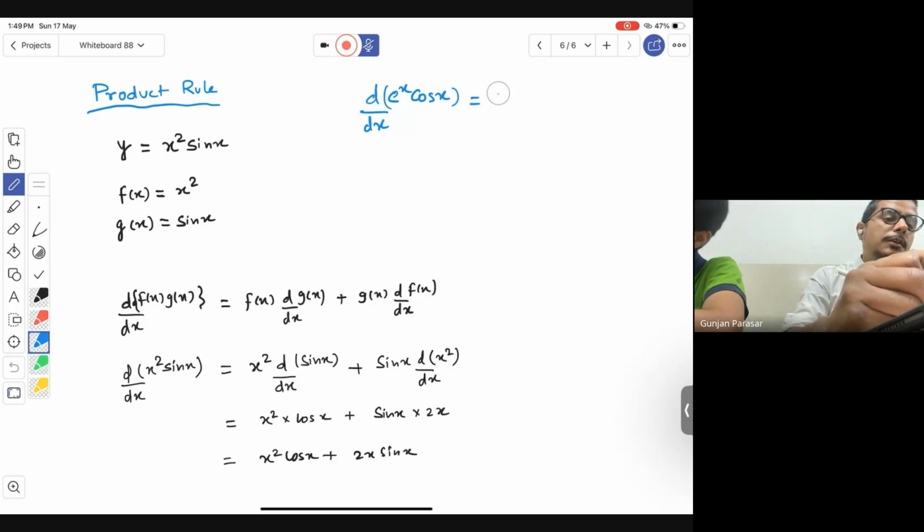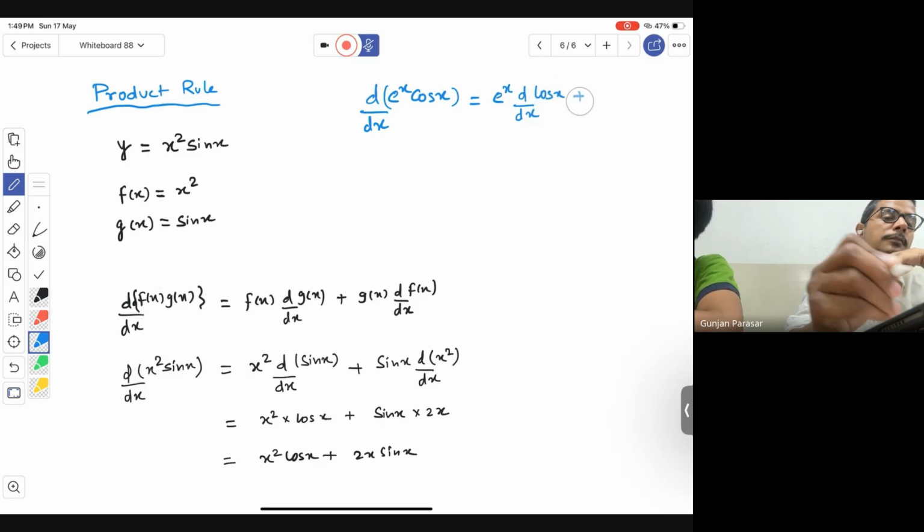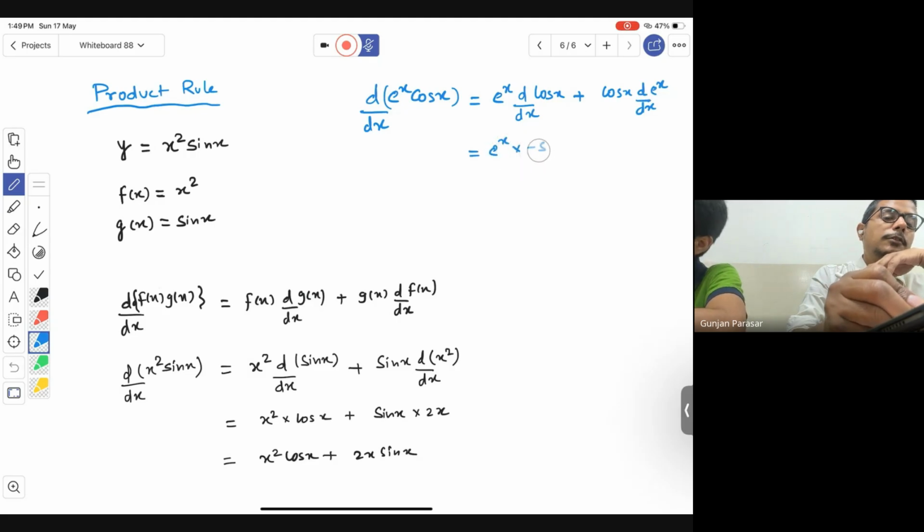At this time you will keep one guy as it is. Suppose I keep e power x as it is, so e power x into cos x. Then we keep cos x as it is and multiply it with the differentiation of e power x. The differentiation of cos x is minus sin x, so e power x into minus sin x.